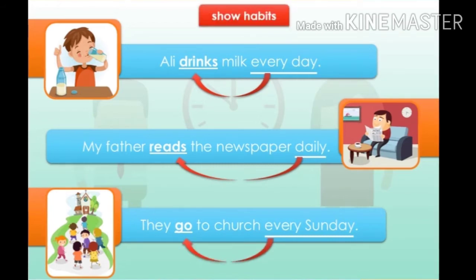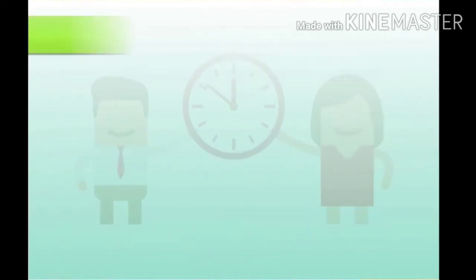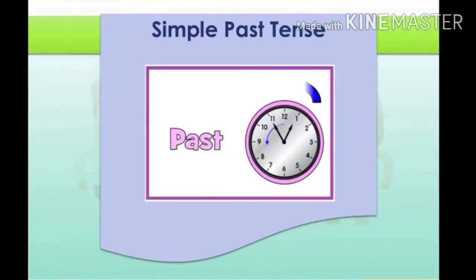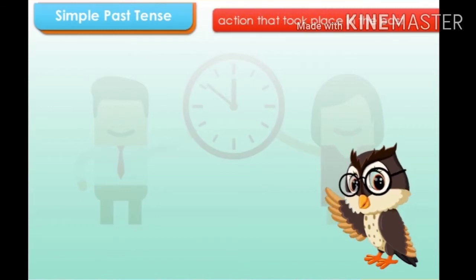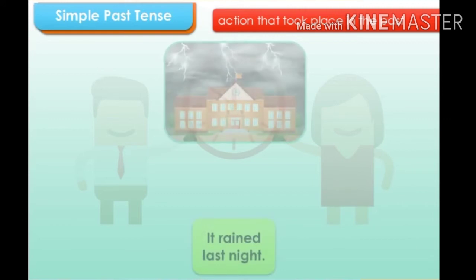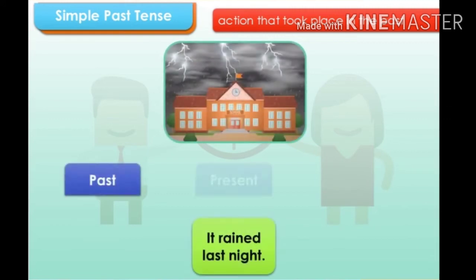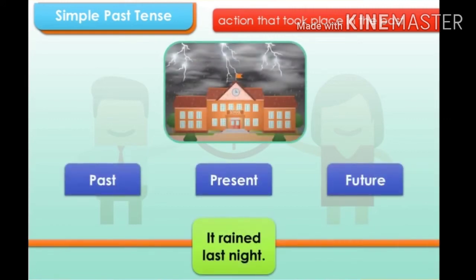Simple past tense talks about an action that took place in the past. Now, let us understand the simple past tense through an example. It rained last night. Look at this example on the timeline.